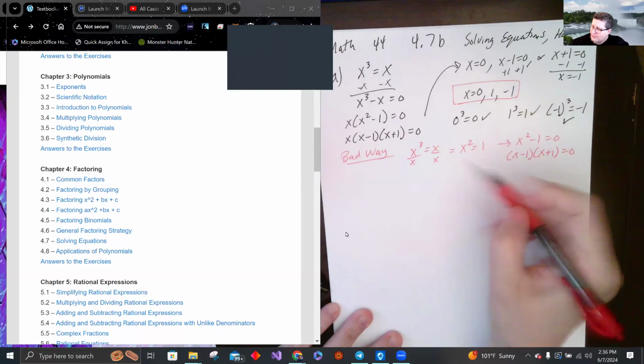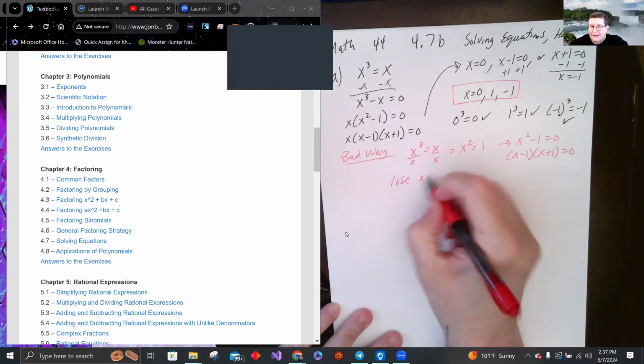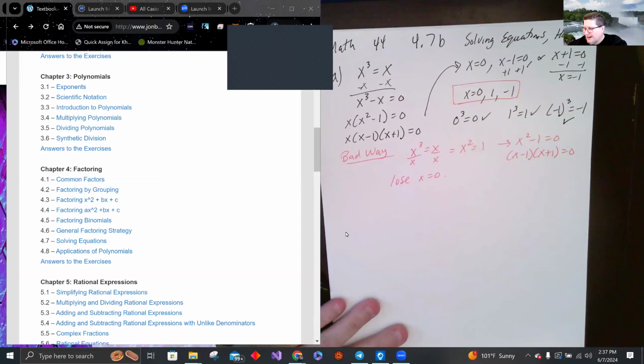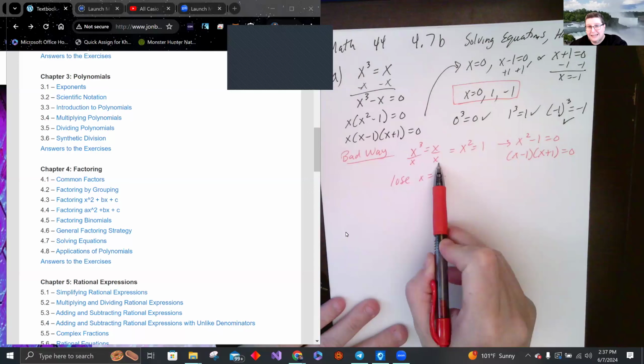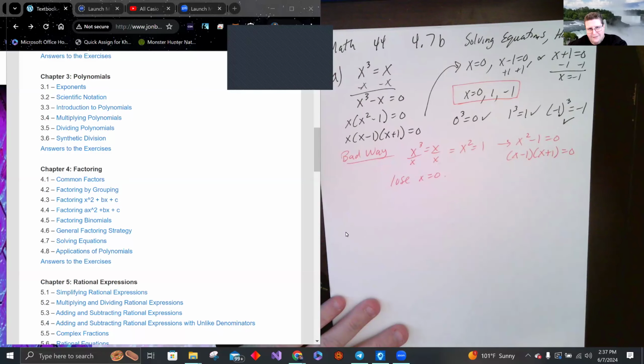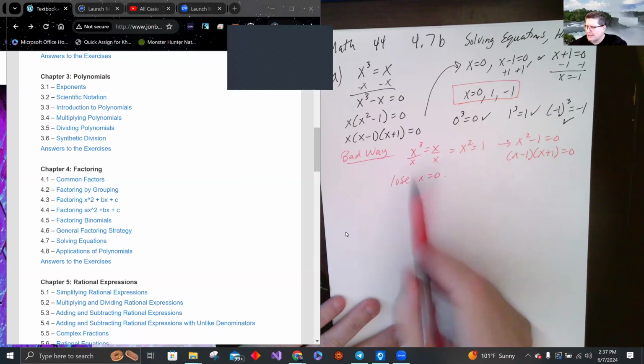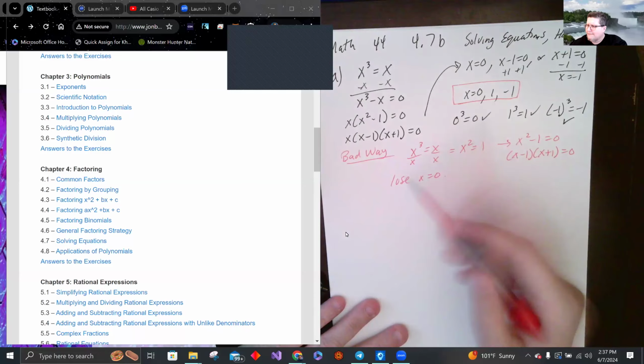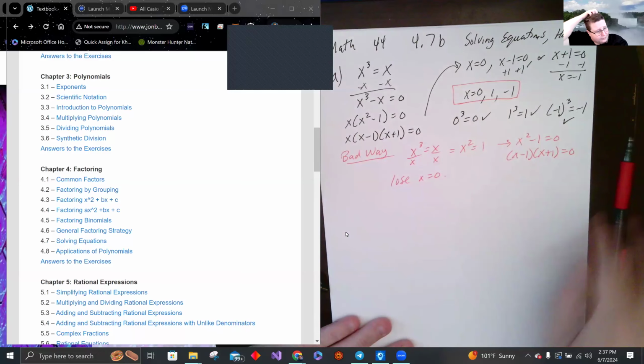And not only is that bad, you divided by something where 0 is a valid answer. So you never want to divide by a variable or divide out a variable, because the variable might be equal to 0 and we can't divide by 0. So don't do that. Just move everything to one side, factor, and you'll get three answers here.